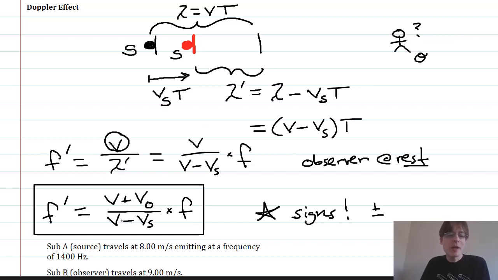Likewise, the shift in wavelength, if the source is heading in my direction, shortens the wavelength, and we had v minus vs. However, if the source is moving away from me, then I have to replace it with v plus vs. So I'll do a number of examples where we have to switch the sign depending on the exact circumstances that are present.